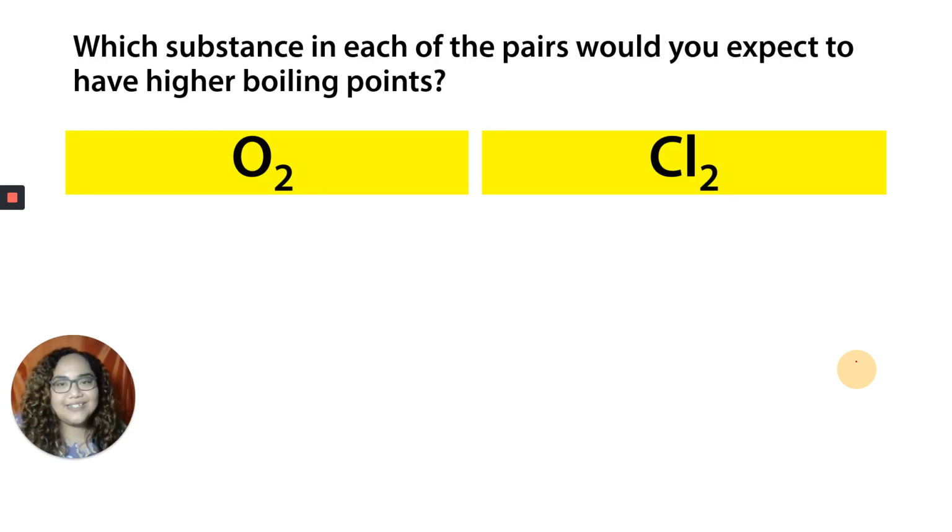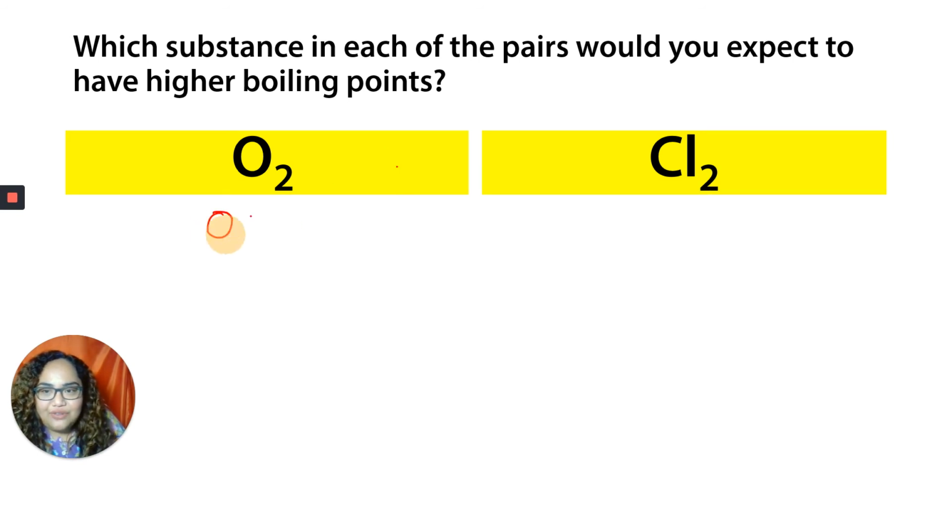Now, which substance in each of the pairs would you expect to have higher boiling points? Oxygen gas versus chlorine, two atoms of chlorine. Because it's just oxygen to oxygen and chlorine to chlorine, they don't have a lot of difference in electronegativity.